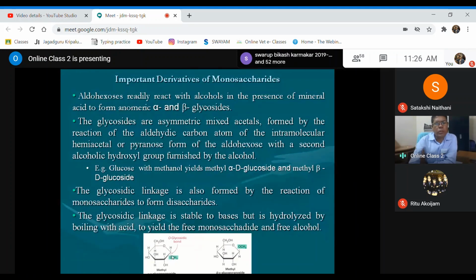This bond is called the glycosidic bond. This methyl group is below the plane of the ring, so this will be the alpha. Here the methyl group is above the plane of the ring, so it will be beta. So beta and alpha will be formed. These are the two products.